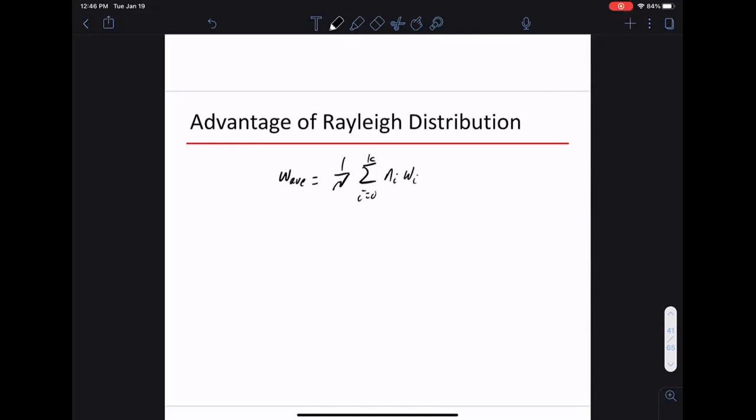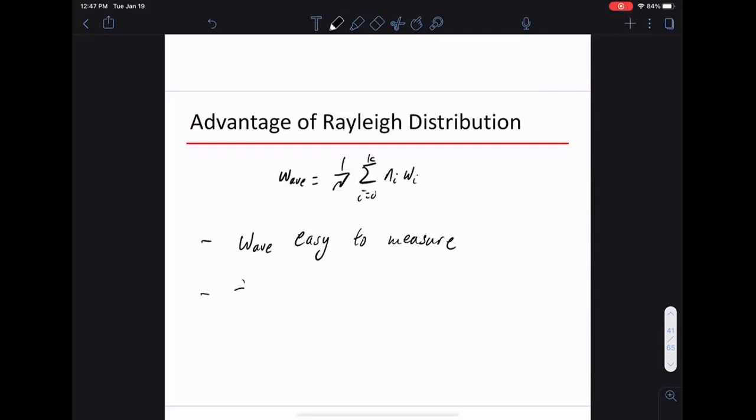Remember, we can collect a bunch of samples and compute the average very easily. The speed or power is easy to measure.